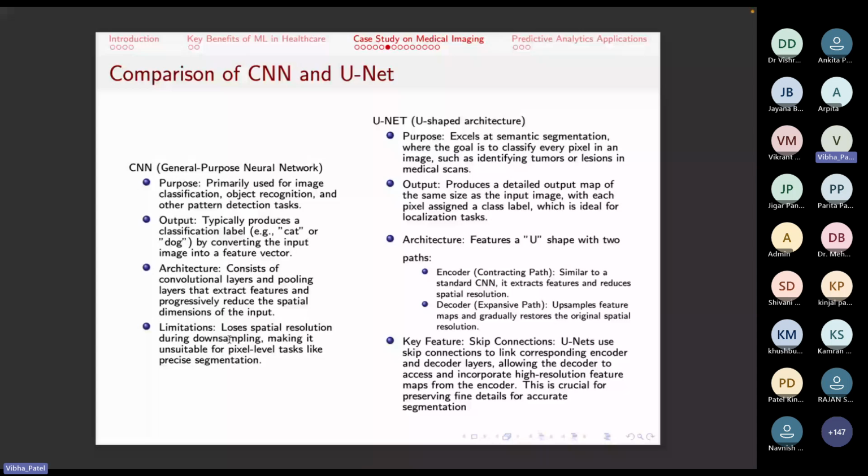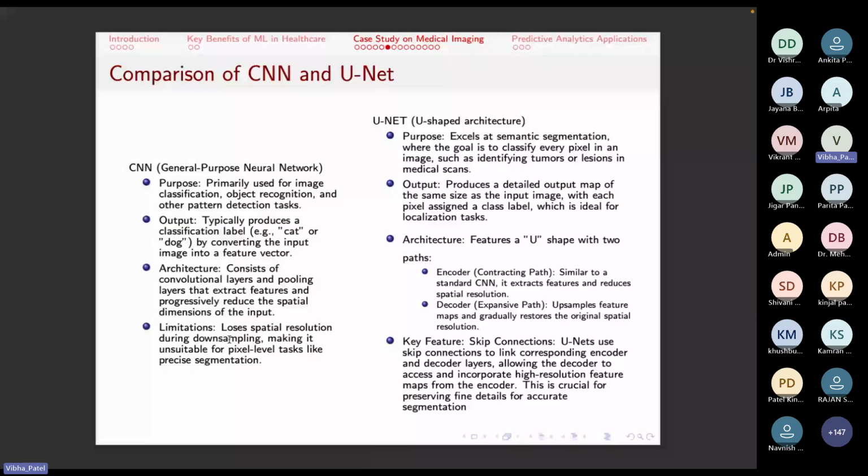So what is the output that a UNet will generate? It will produce a detailed output map of the same size. As I said, CNN generates a feature map. So you'll have one vector, which is a feature map of the whole image, and you are eliminating several pieces of information from it.